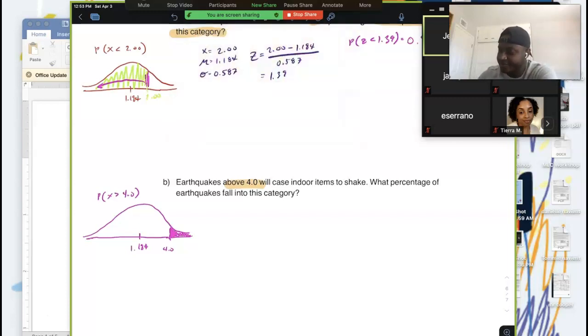Same thing though, we want to standardize it. So we have X equal to 4. The mean is going to be 1.184, and then 0.587. Substitute those values in. So 4 minus 1.184 divided by 0.587.